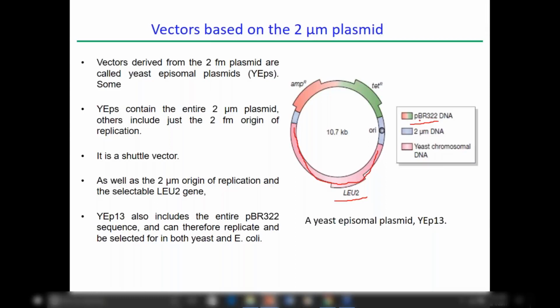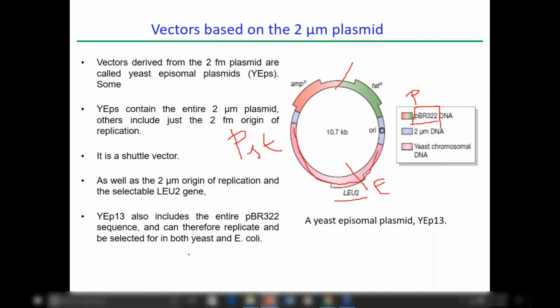Now you know that this pBR322 is a prokaryotic vector, whereas this 2 micrometer plasmid is a eukaryotic vector. Since you engineered a plasmid in such a way that it contains both pBR322 and leucine, it can grow in both hosts, that is prokaryote as well as eukaryote.